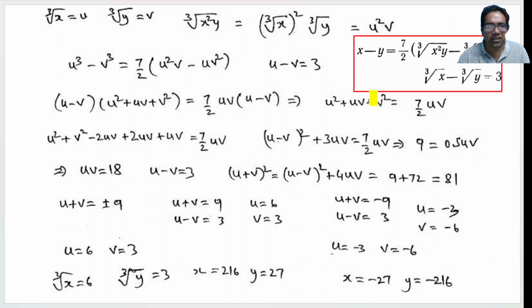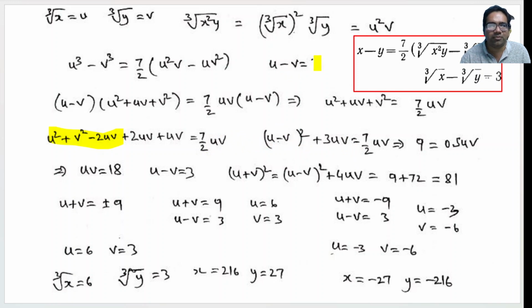So let us add and subtract 2 uv, so that we can make this u minus v whole square. This uv will still remain the same. So this part will become u minus v whole square and this part will be 3 uv equals 7 by 2 uv.